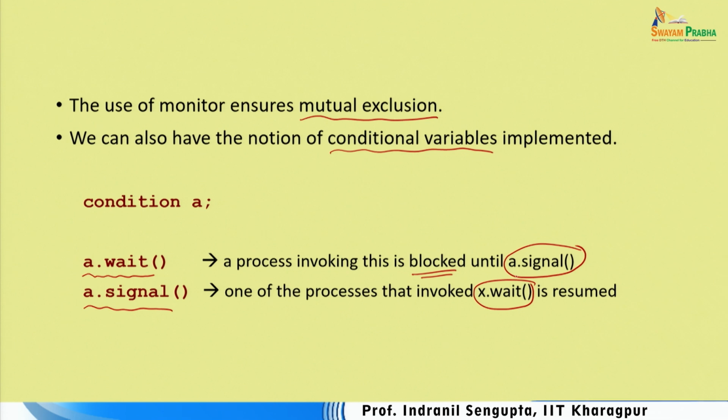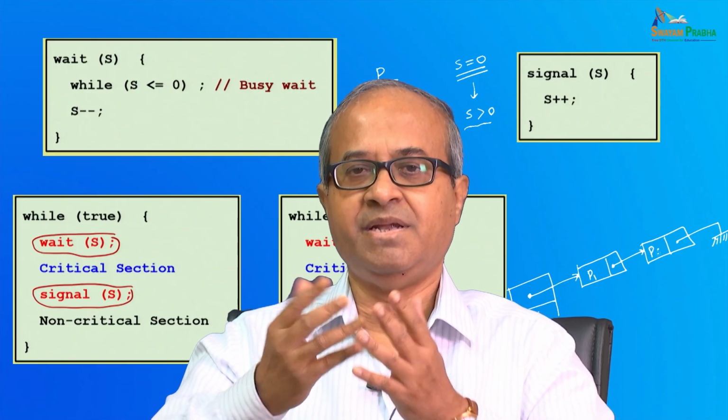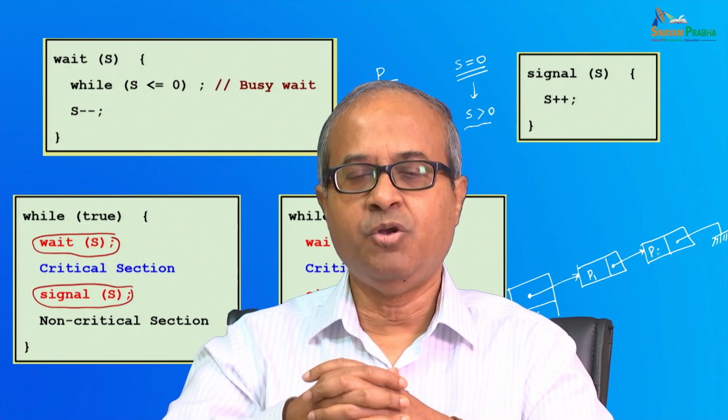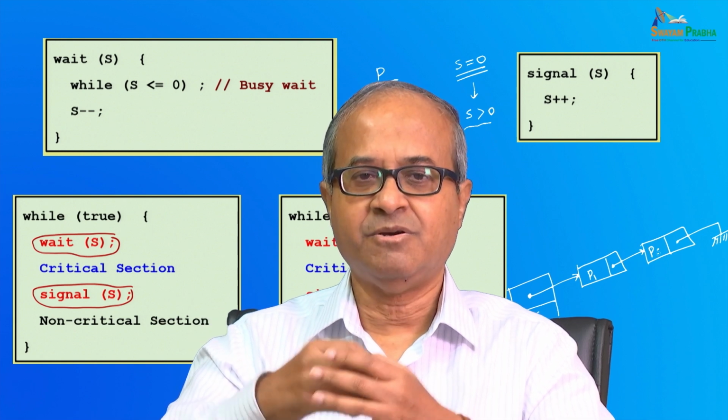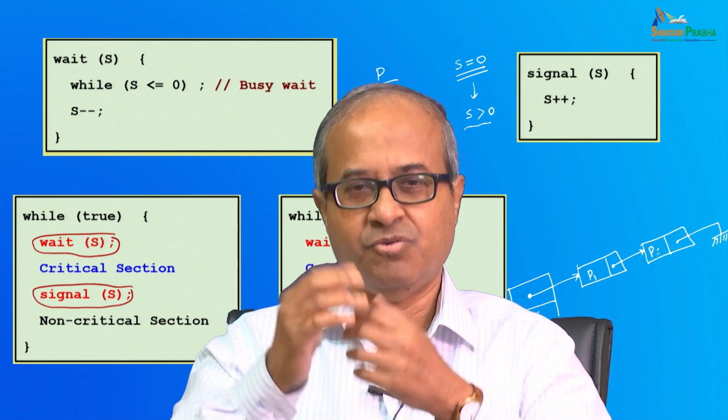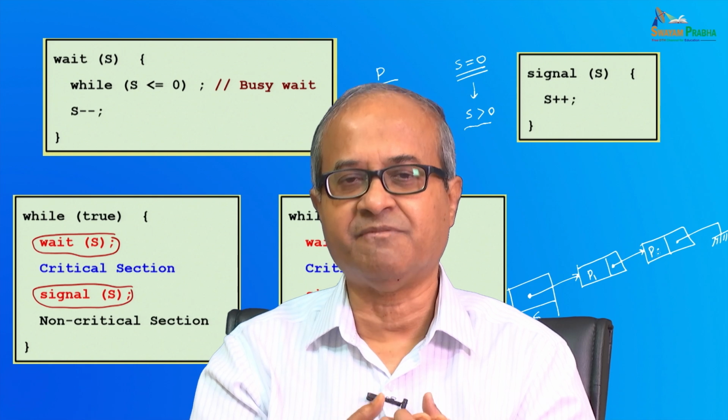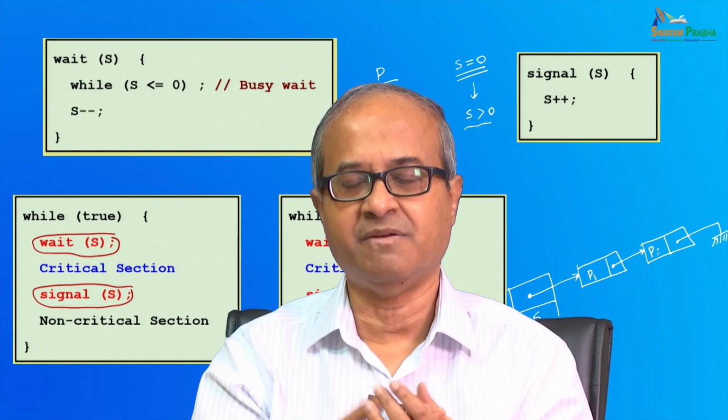So, with this we come to the end of this lecture, where we had discussed some of the synchronization tools like semaphores and monitors. Now, in the next lecture we shall be looking at some of the classical applications of the synchronization tools, which are actually applicable to various different kinds of scenarios in real life systems.